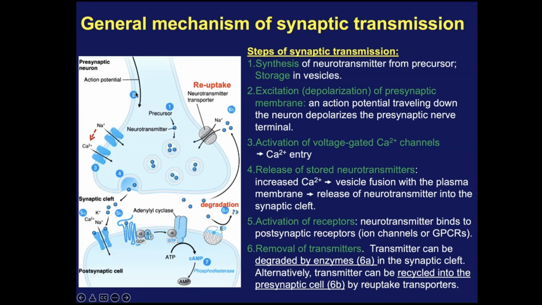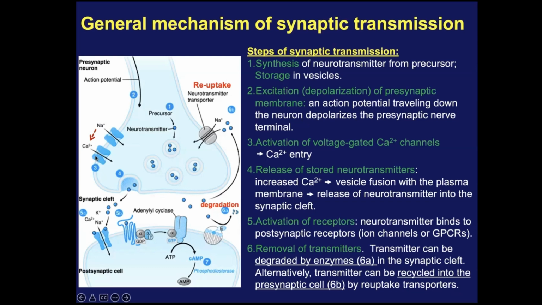In the second step, the action potential is generated in the cell body of the neuron, and is conducted through the cell membrane to the cell terminus. And when the action potential reaches this region, it will cause the cell membrane depolarization, which will activate and open the calcium channel.